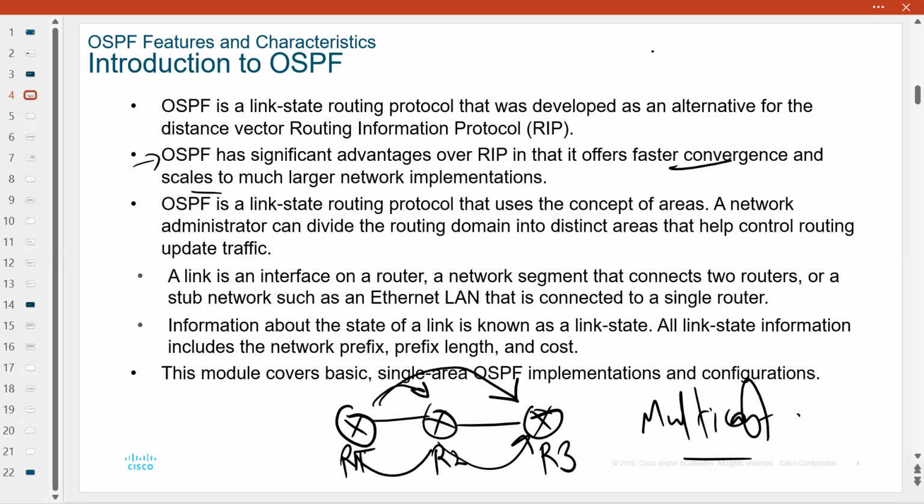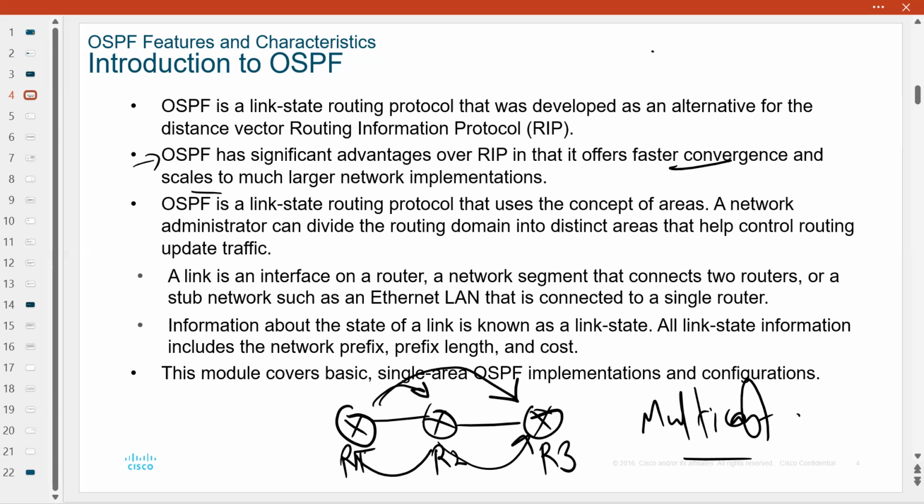Instead of sending routes one after the other, expanding your network is very difficult because one router needs to talk to another and another, etc. But with link state, if you add a router to the network, that's a change.